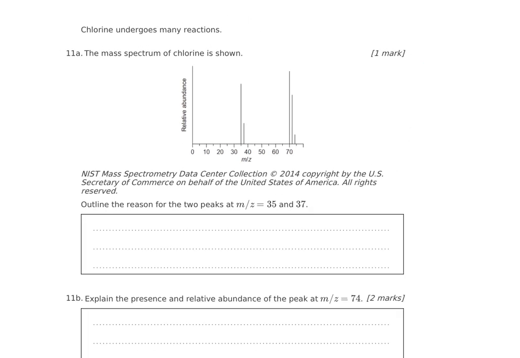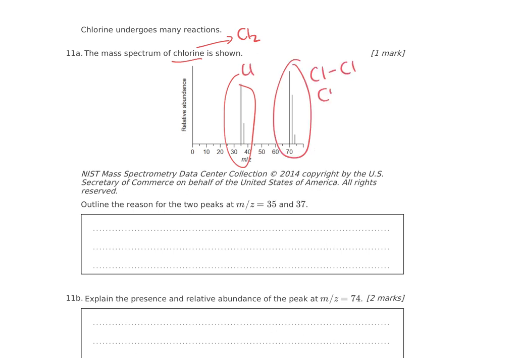Next one, chlorine undergoes many reactions. Mass spec is shown. So remembering, chlorine exists as Cl2. So these are going to be the atoms, and these are going to be the molecules of chlorine. Okay. So then it says outline the 2 peaks. So remember, Mz is mass over charge, and in mass spec the charge is usually +1. So anything over +1 is itself.